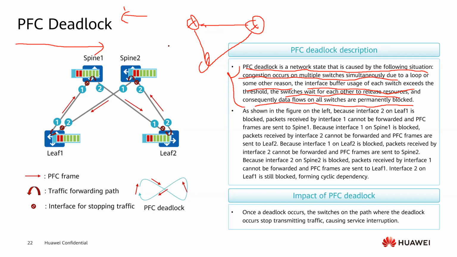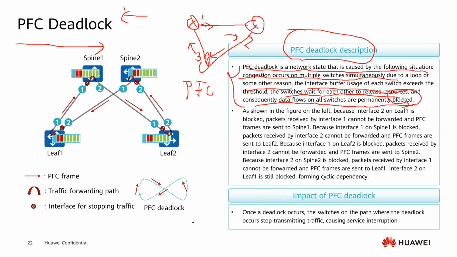In this architecture, when interface 1, interface 2, interface 3 all send PFC frames, you can find all the interfaces in the network will stop sending any packet. So all the packets are blocked in this scenario. So we call it PFC deadlock.